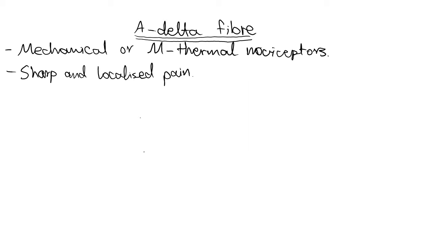Now, somatic pain is pain that is associated with exogenous agents that cause pain, and it is pain that is characterized by a very particular part of the body being affected. So to reiterate, sharp and localized pain, whenever you see that, refers to somatic pain.